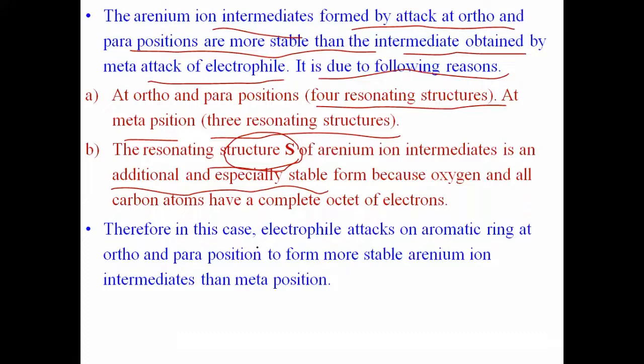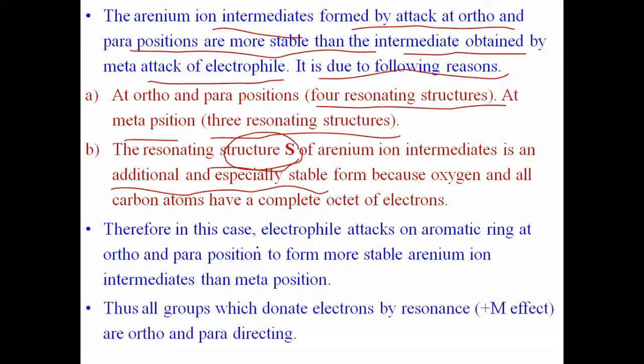And hence, in this case also, the electrophile attacks at ortho and para positions to form the more stable Arenium ion than at the meta position, and thus the groups which have plus M effect are ortho and para directing. Okay, this is just about the plus M effect.